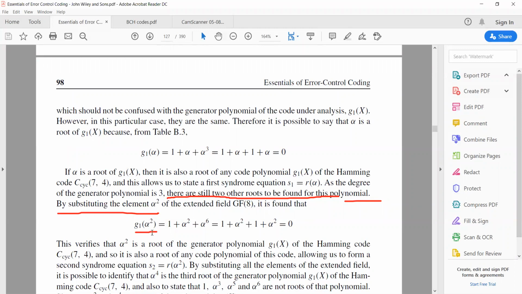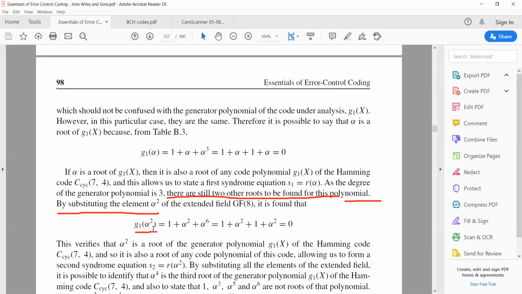So alpha square becomes our second root of 1 plus x cubed. We can say alpha square is the second root of the generator polynomial equation. And as you know, the root of the generator polynomial equation is the same as the root of the generated code polynomial.